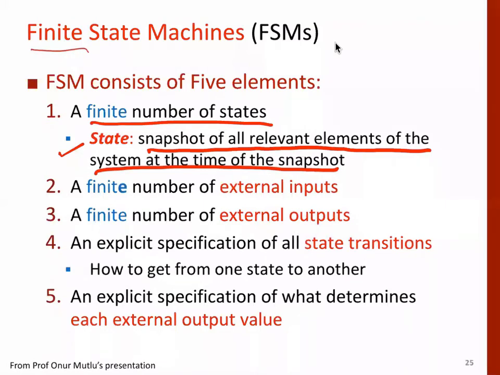So memory also defines where state elements can be. Memory is also a state element. Program counter, right, is also another state element. So if you store all these values, then you can restore the state, right?